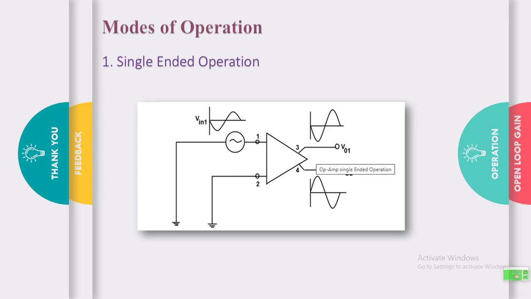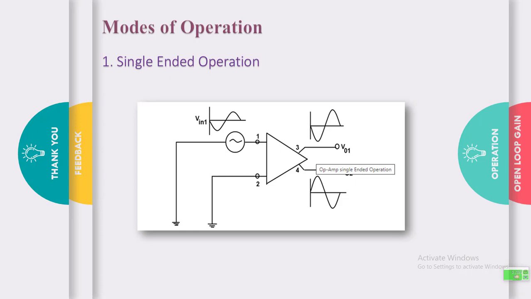For single mode operation, we just use one terminal and the other terminal should be grounded. Listen carefully. If you use the inverting terminal, then the non-inverting terminal is grounded. Again, if you use the non-inverting terminal, then the inverting terminal should be grounded. That is called single mode operation.